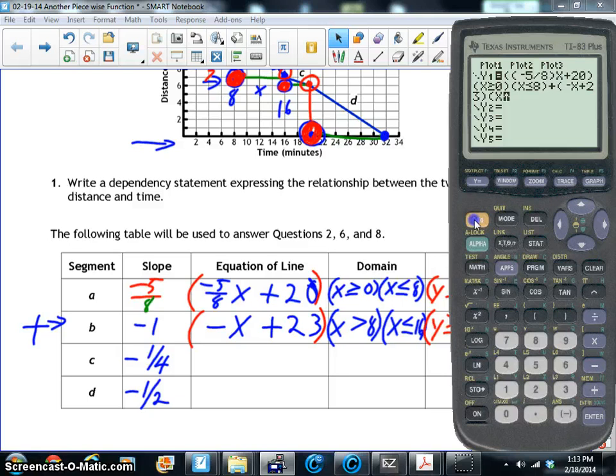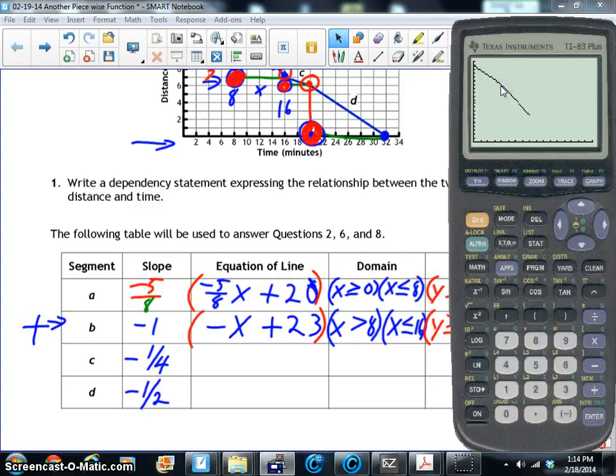X, second math, greater than 8, and x, less than or equal to, second math, 16, close parentheses. So now I'm going to graph. We start out with the first one, and then it goes off a little bit. So you can even see that bend right about there. The bend is right there. So that's what we're doing.